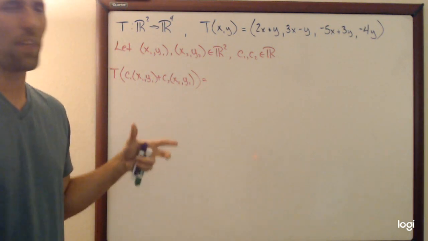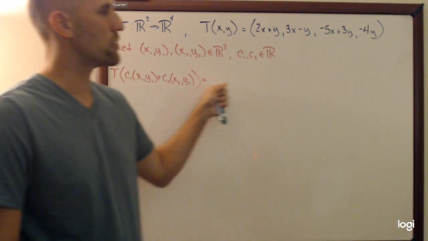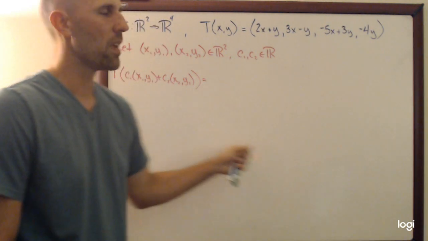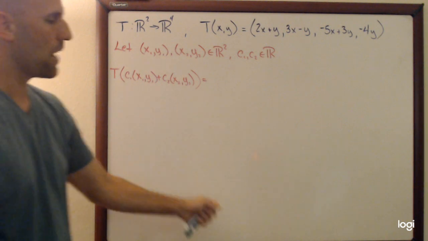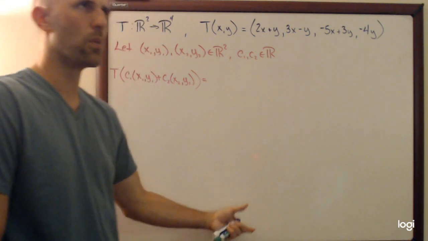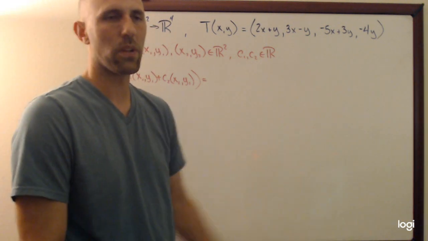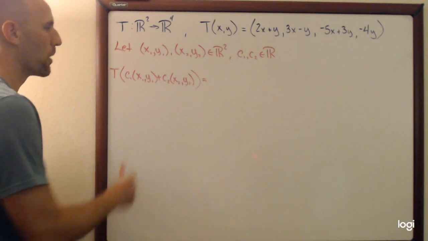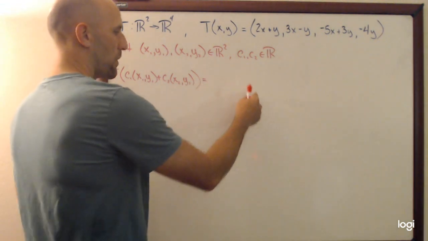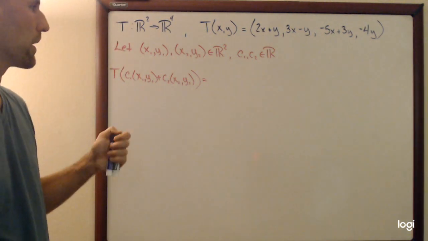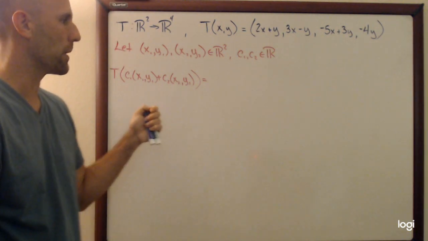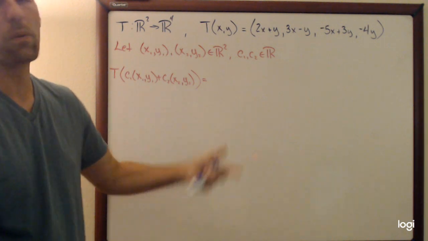But I don't want to write that. What I want is to create a string of equalities where this is the first thing written and the last thing written is c1 times T(x1, y1), etc. The reflexive and transitive properties will give me what I'm looking for.